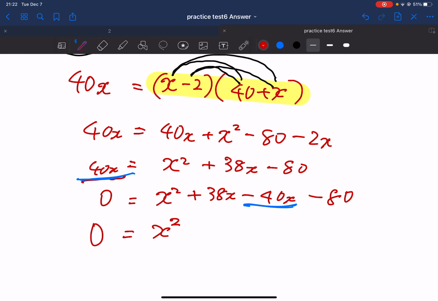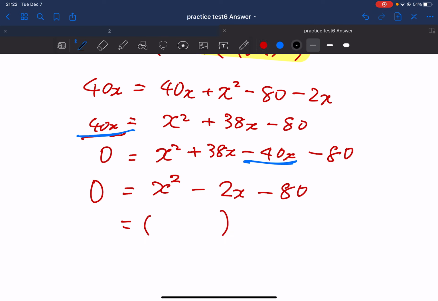And this becomes 0. So this is going to be x squared minus 2x minus 80, right? Now, time to factorize.